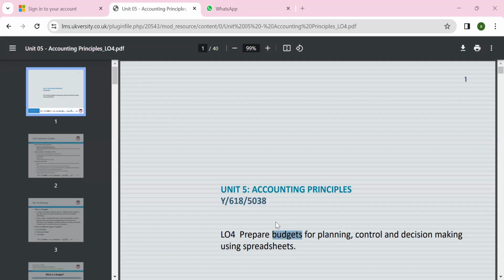No. We'll start. During our previous lesson we discussed financial statements. We discussed how many types of financial statement we prepare. We said four: income statement, balance sheet, cash flow, and shareholder statement.